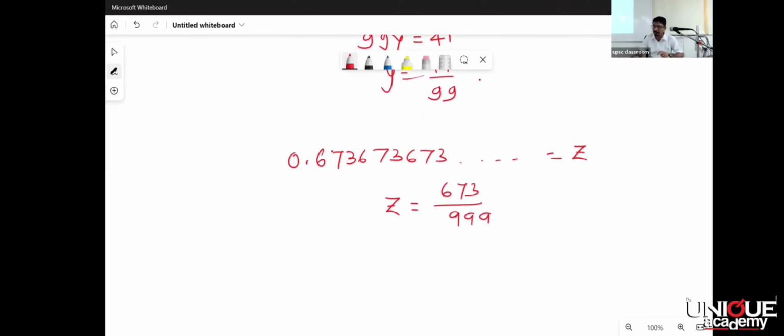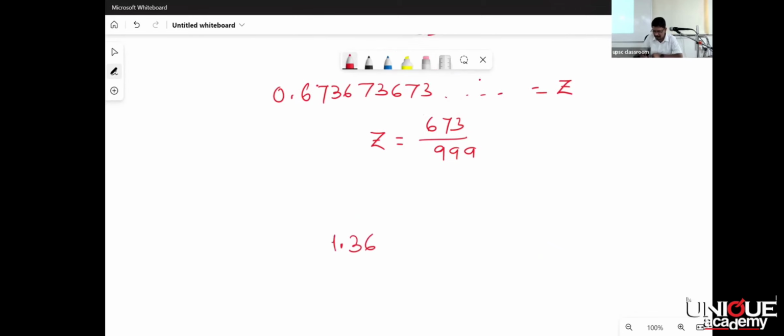Now, it is not necessary to make all these steps, and you can directly use a shortcut, as I'm going to tell you with 2 or 3 sums. So 1.363636 recurring, that is 1.36 recurring. Can you tell me what will be its common fraction?